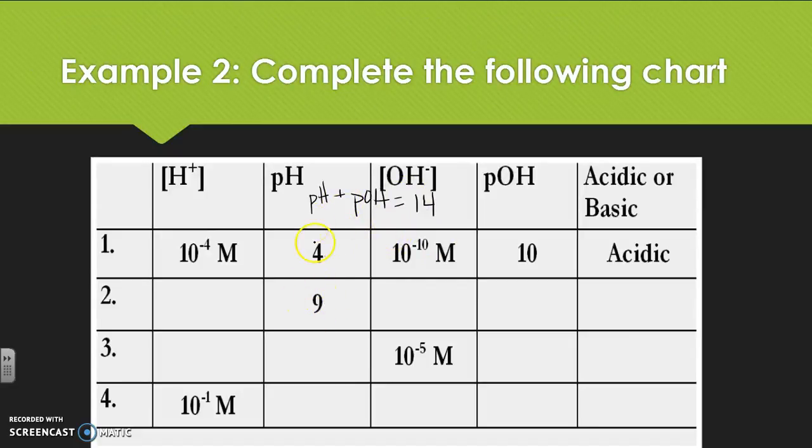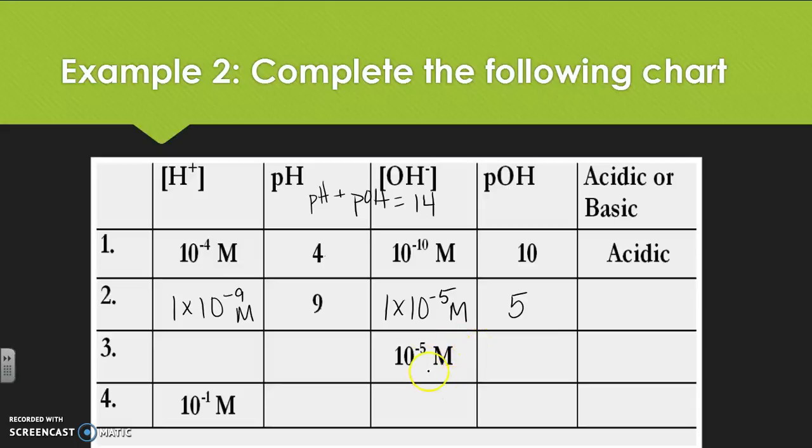All right, so if I have a pH of 9, that means that my hydroxide ion concentration should be 1 times 10 to the negative 9 molarity. If 9 is my pH, then my pOH would have to be 5, right? 14 minus 9. And that means that my hydroxide ion concentration would be 1 times 10 to the negative 5th.